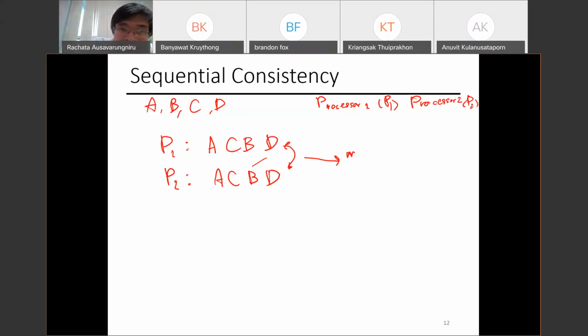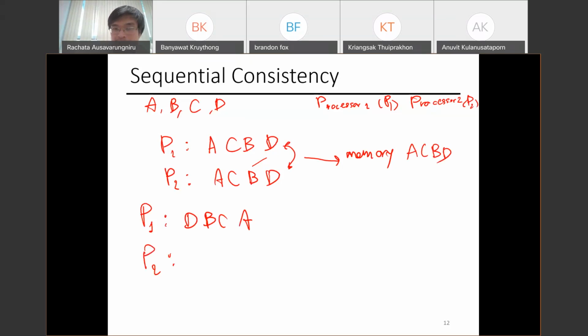The memory should pick one of these orders, right? In reality, it should be A, C, B, and D, the same thing that processor 1 and processor 2 see. And if processor 1 sees D, B, C, A, what does processor 2 have to see?